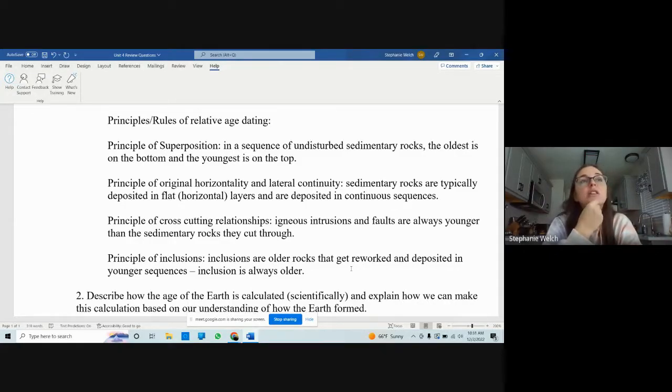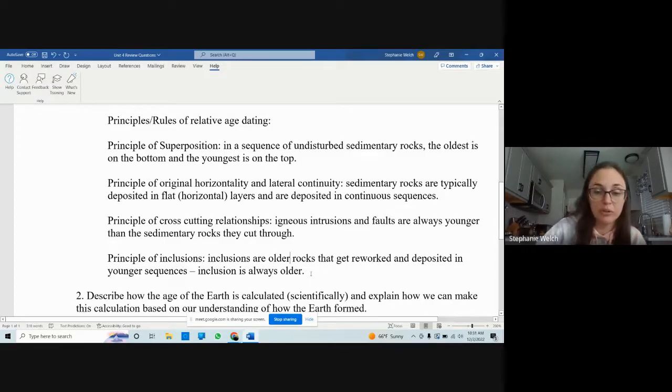So this is particularly useful if you have rocks that have been overturned. Basically, if they've been disturbed in some way, you always know what is older and what is younger, which is, again, the point of all of these principles.